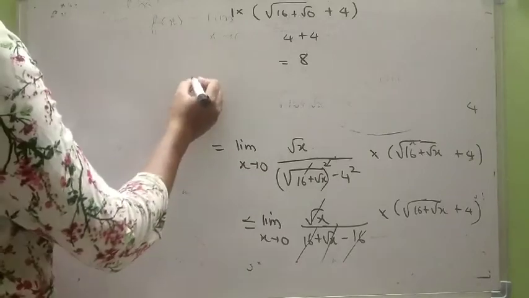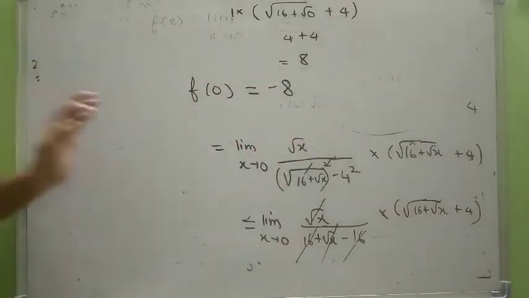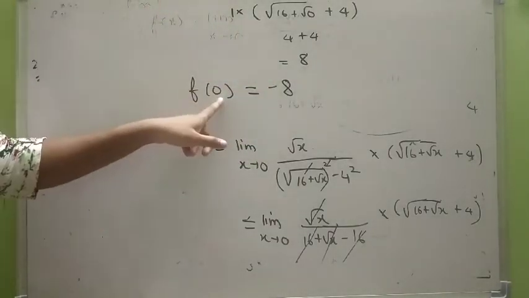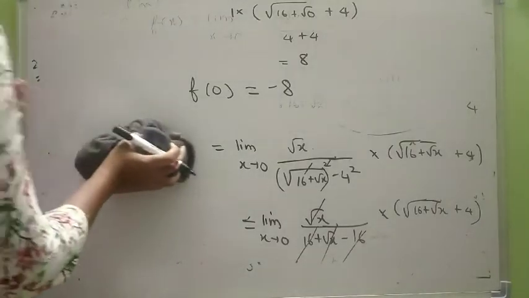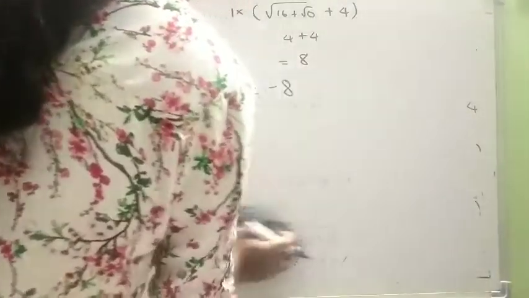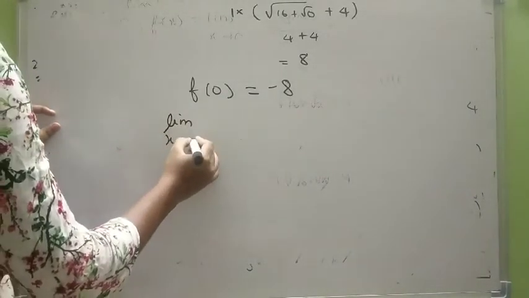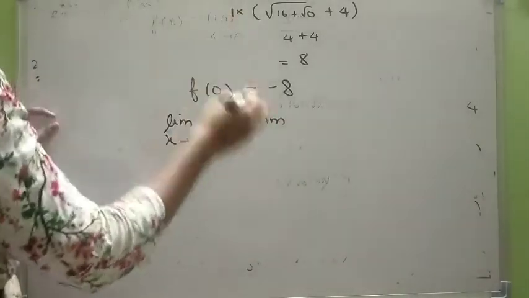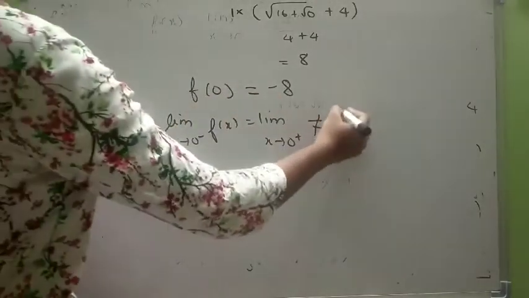But if you see in the question, f of 0 is given to you as minus 8. If this was plus 8, then all the answers would have been same. But now minus 8 is not same as plus 8. You have to write this statement last. Your left hand limit is equal to right hand limit, because 8 and 8 you got, but it is not equal to f of 0.